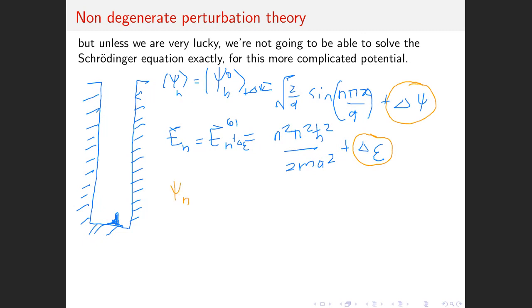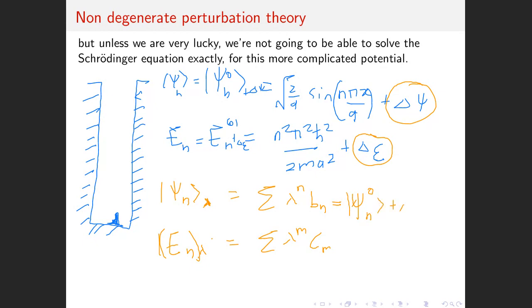Now, psi_n will be depending on this small parameter, so we can do a Maclaurin expansion in terms of lambda. We do the same thing for E_n, as a function of lambda. So when lambda is 0, this will just give you psi, the original unperturbed state.